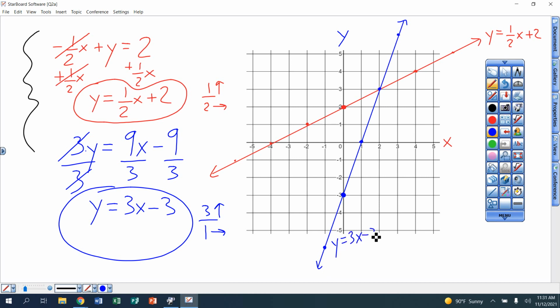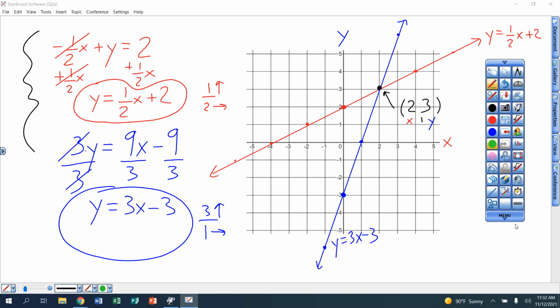All right, now what I'd like you to do is take that coordinate where they intersect, which is called the solution to this equation set. Write that accurately. That is 2 for x, 3 for y.